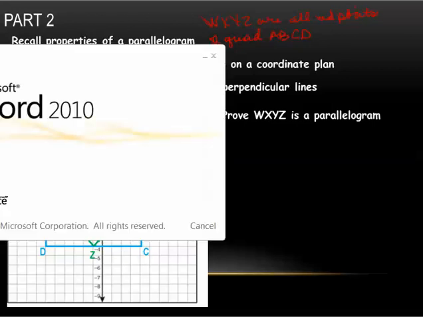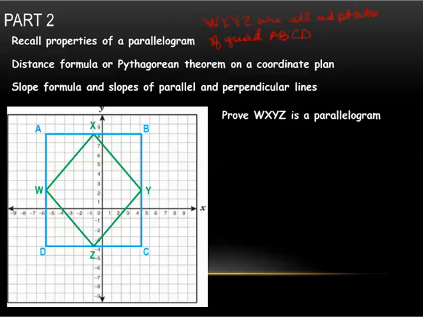Okay. Now then, there again, you've got to remember what the properties of a parallelogram are. When we were talking about, I think it was the very first example in part 1, I said one of the important things to remember is that opposite sides are always parallel and they're always congruent. Okay?